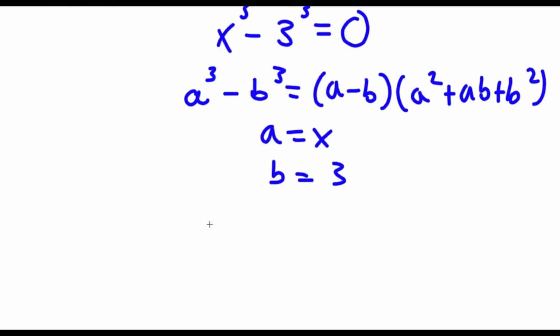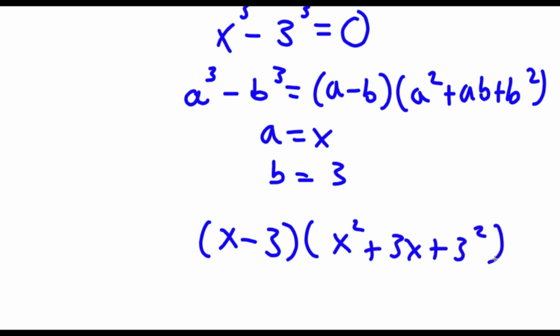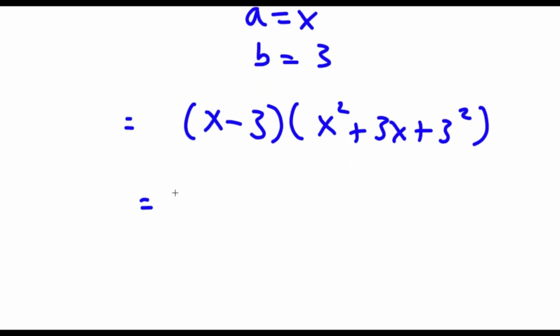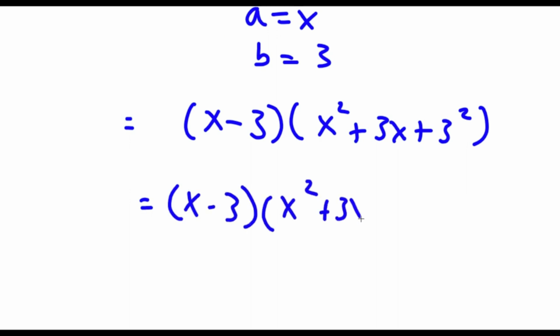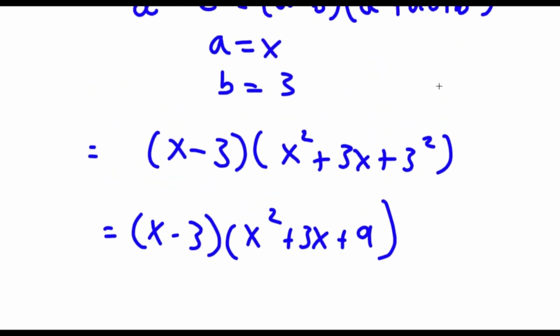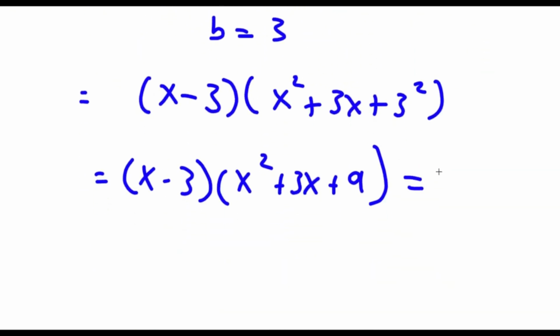So now I have x minus 3 times x squared plus 3x plus 3 squared, which is 9. And remember, this is equal to 0.